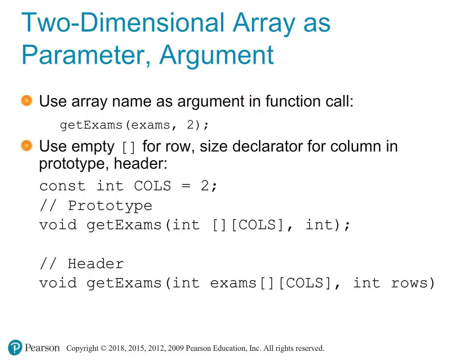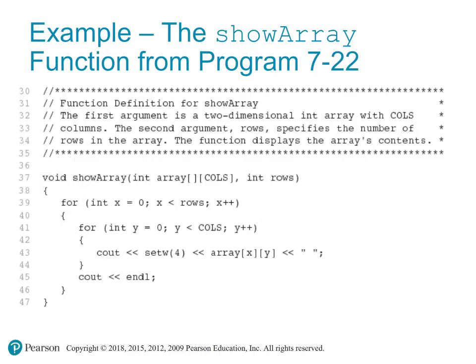Inside the function, you can then iterate through each row and each column of the array as you would do in the main function. The function showArray takes a two-dimensional integer array as its first argument and the number of rows in the array as the second argument.